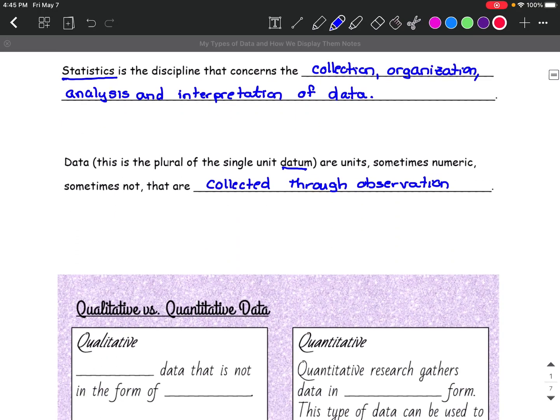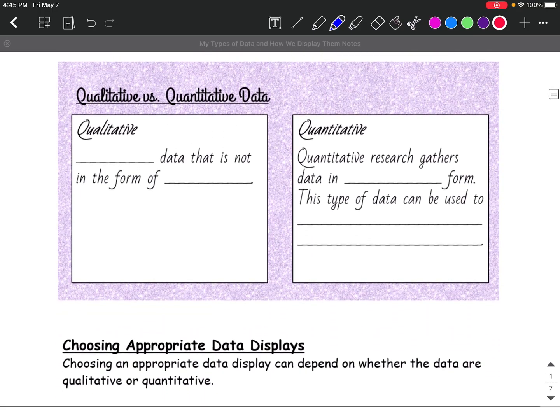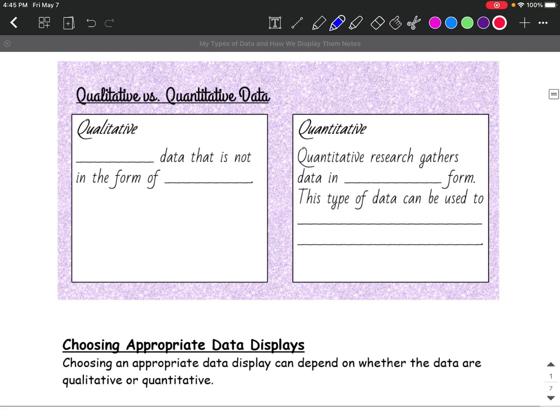All right, now there's two main types of data that we deal with, qualitative and quantitative. Now, qualitative data is descriptive, describes things. Descriptive data that is not in the form of numbers. Things like your graduating class, whether you're a sophomore or a junior, or do you have brown hair?